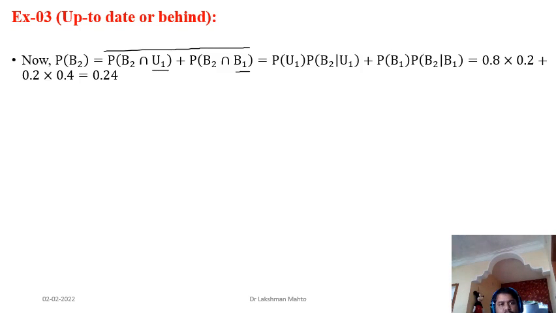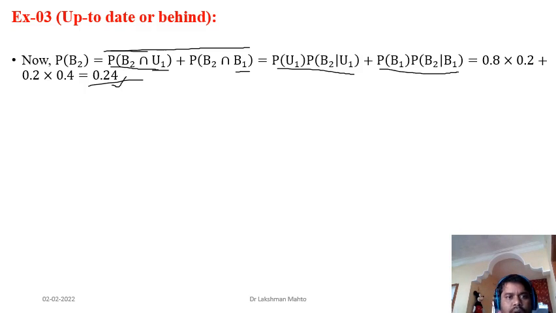That means we are calculating total probability. In order to calculate this joint probability, we apply the multiplication rule, because of the dependency between B2 and U1, and B2 and B1. So we apply the multiplication rule separately for each individual joint probability, and finally we calculate the probability of B2 as 0.24.